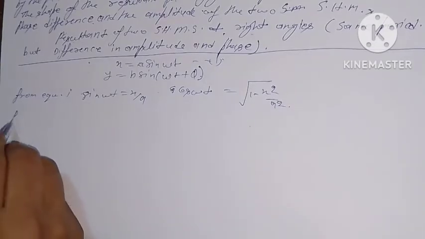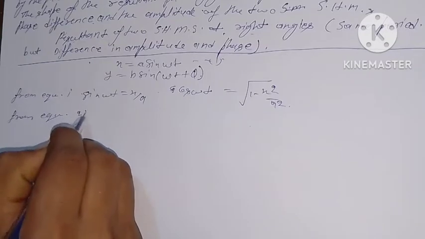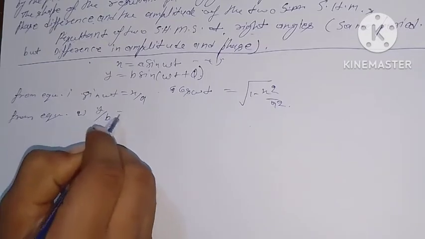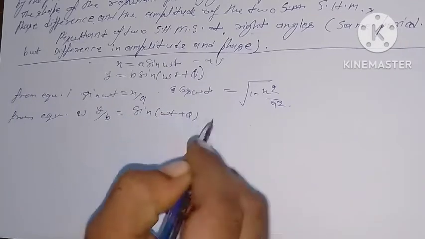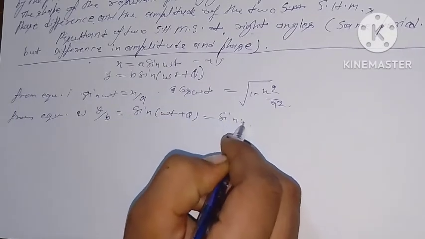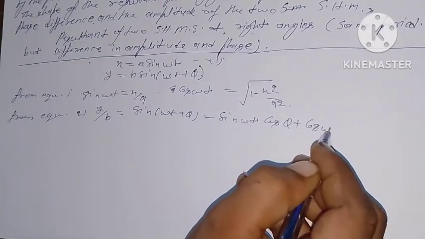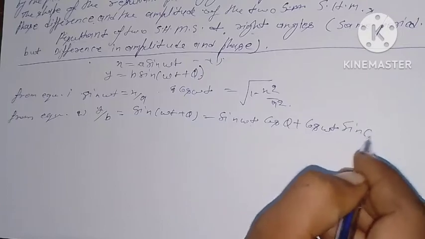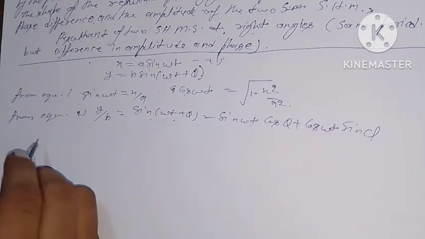From equation number 2, y upon b equal to sine omega t plus phi equal to sine omega t cos phi plus cos omega t sin phi, because sin(a plus b) equal to sin a cos b plus cos a sin b.